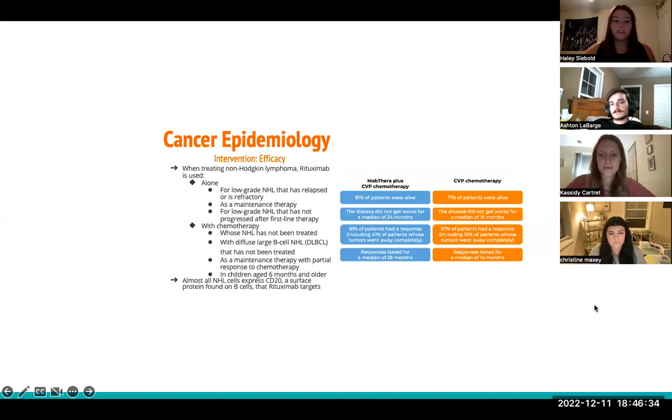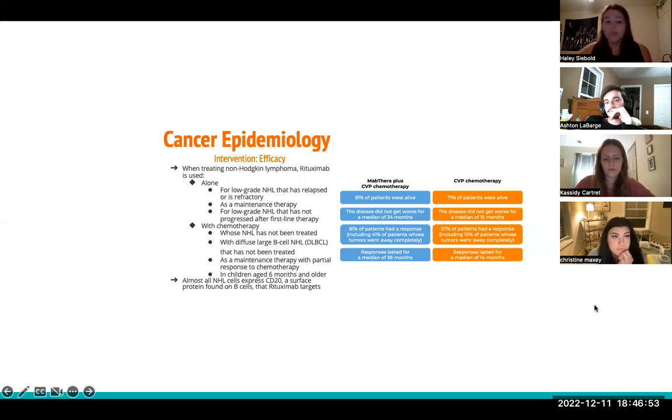Moving on, our chosen intervention for treating non-Hodgkin's lymphoma is a drug called rituximab. This drug can either be used alone or in combination with chemotherapy.